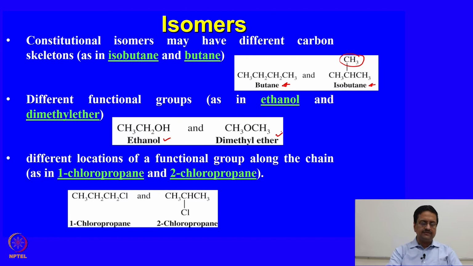The third type of constitutional isomer can be different locations of a functional group or any substitution. For example, here it is 1-chloropropane and 2-chloropropane, that is, the position of the chlorine atom is different in these two molecules.